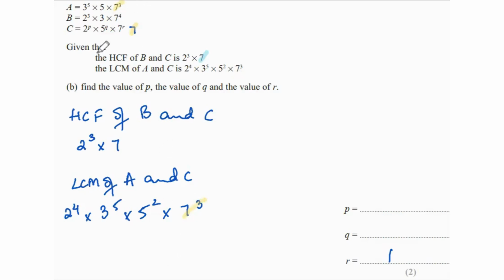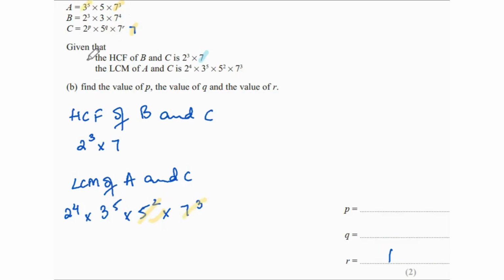Now we look at the 5s. We have 5 over here and 5 to the power of Q over here. Over here, they say 5 squared, which means Q will be 2, because like we said before, we take the highest power. This 5 has a power of 1, and this 5 has a power of 2, because we took 5 squared. Then for 3, we have 3 to the power of 5.